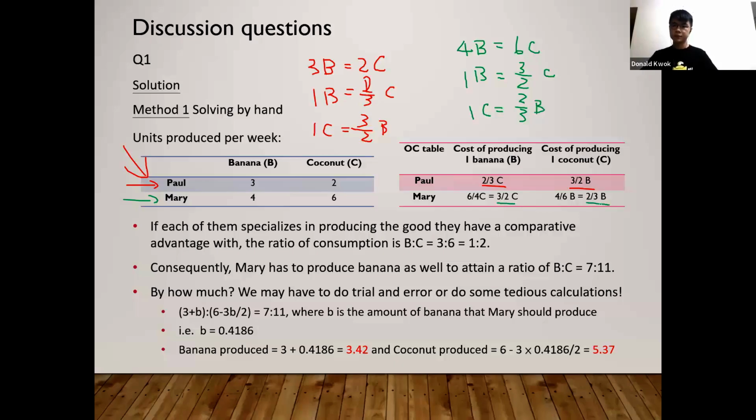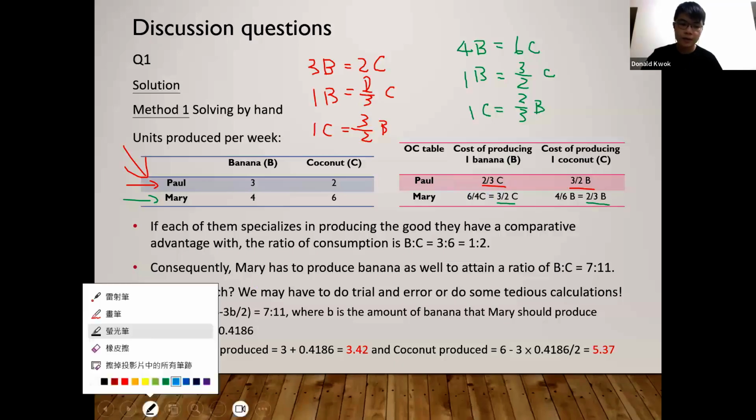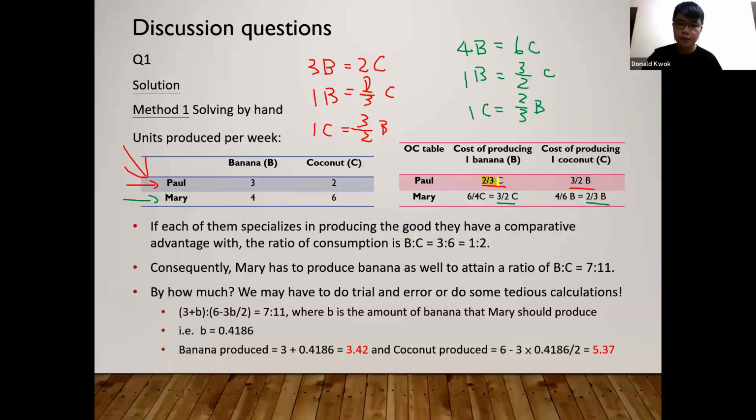We are now ready to determine who has the comparative advantage in production. For banana, since 2/3 is less than 3/2, Paul has the comparative advantage in producing banana. While for coconut, since 2/3 is less than 3/2, Mary has the comparative advantage in producing coconut.